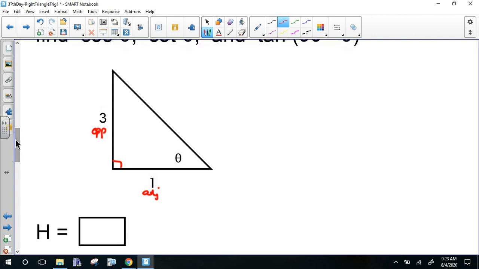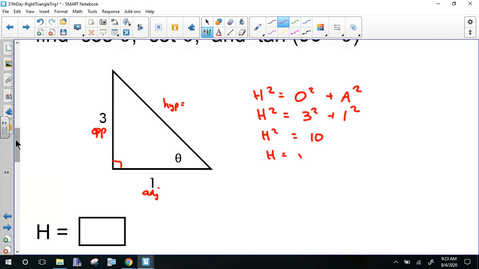I need to find my hypotenuse. So it's hypotenuse squared equals opposite squared plus adjacent squared. Don't know my hypotenuse. My opposite is 3. My adjacent is 1. This equals 10. And if I take the square root, I get square root of 10.